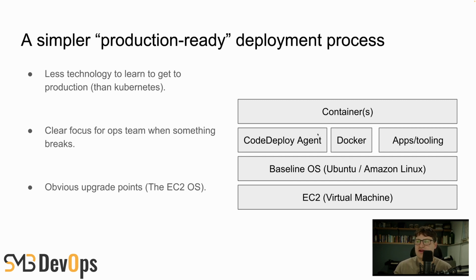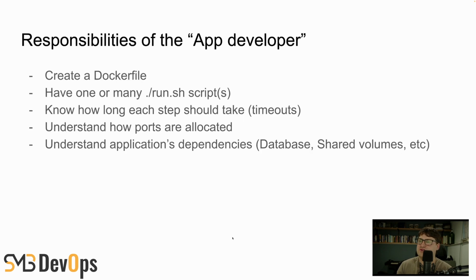And then finally, just that your containers are resourced correctly and sized correctly. So it makes it very easy for an ops team to manage this. I call this a lot of bang for your buck as far as an architecture goes. So let's talk about what some of the responsibilities of the app developers are.